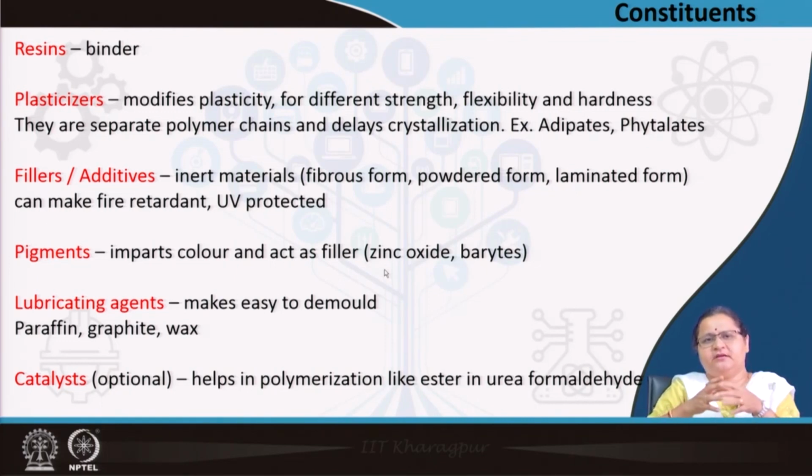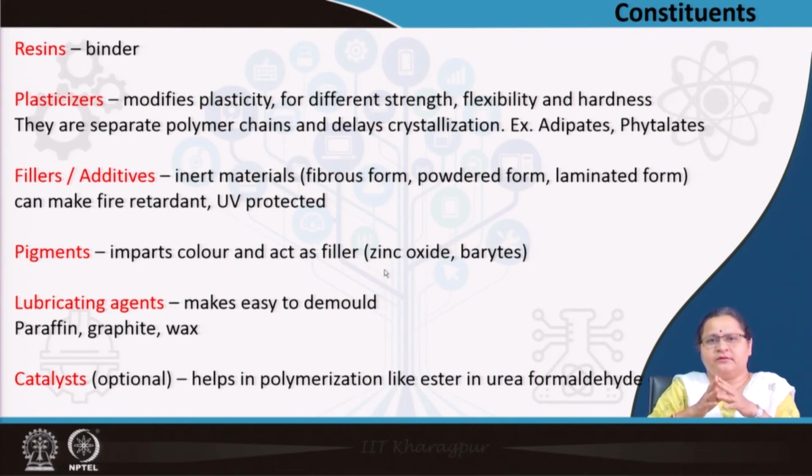You are adding something which is not altering the quality of the material, but it is acting as a filler material, giving it some body or mass to the main material. So plastic items have a resin component and then we have the fillers, plasticizers, pigments, lubricating agents and the catalysts.